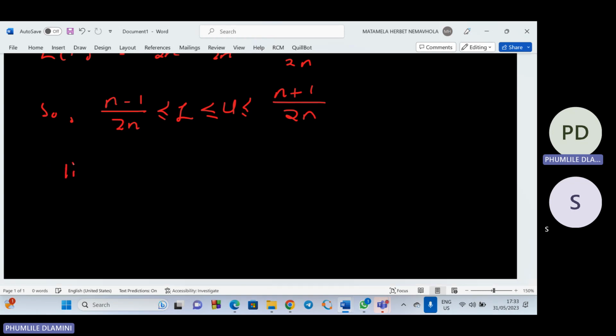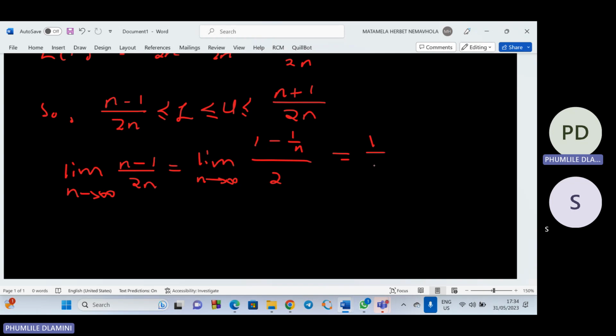If we get the limit when n approaches infinity of n minus 1 over 2n, you will see that we can divide by n everywhere. We're going to have the limit when n approaches infinity of 1 minus 1 over n, divided by 2. You know that the limit of 1 over n is 0, then it's going to be 1 minus 0, which is 1 over 2.